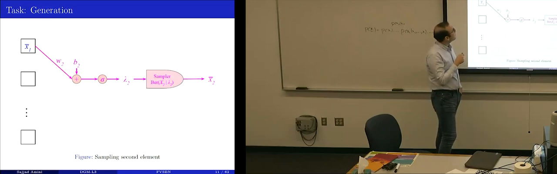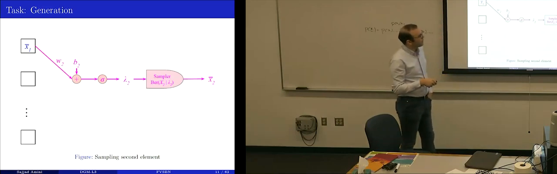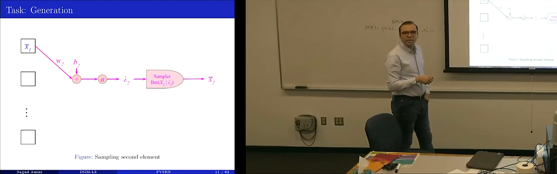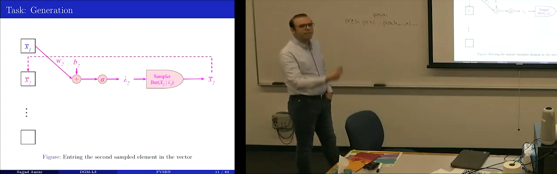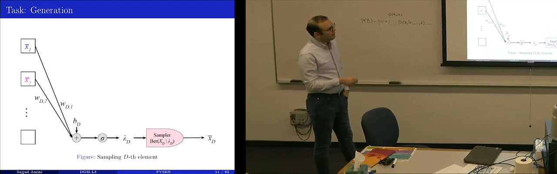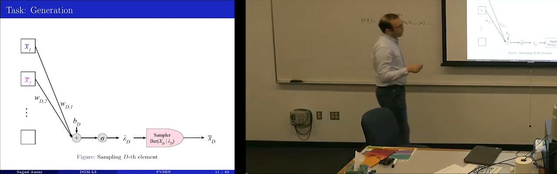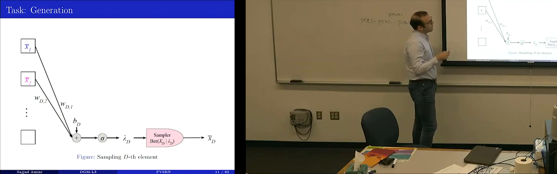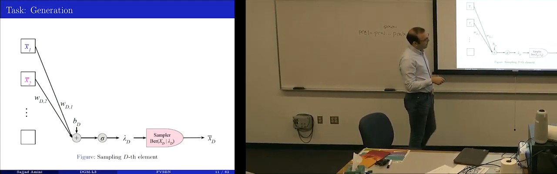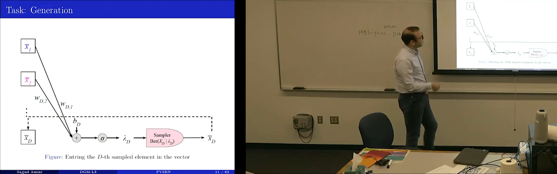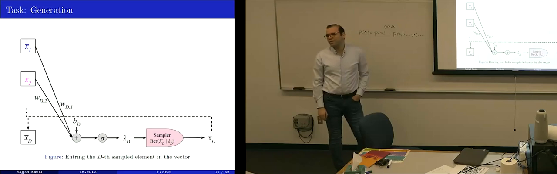So x bar 1, your previous generation, is playing a critical role here. Okay? So x bar 2 is generated, then you replace it in the input, and continue until the end. At the end, you weight all the elements you previously generated, excluding the last one that you do not generate yet, and calculate the parameter for a new Bernoulli distribution. And using the sampler, you can sample the last element and put it here. This is a generated sample from your distribution.